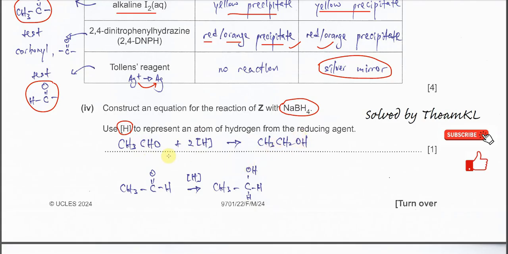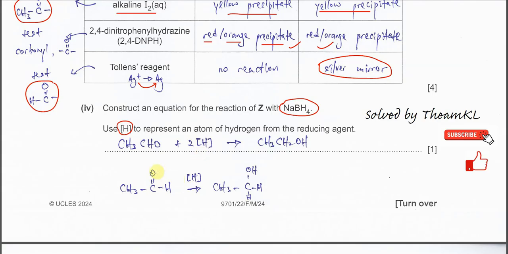If you cannot really imagine that, I will show you this one. Ethanal, the structure is this. So when it reacts with the sodium borohydride, it gets reduced. Reduced means it adds hydrogen.